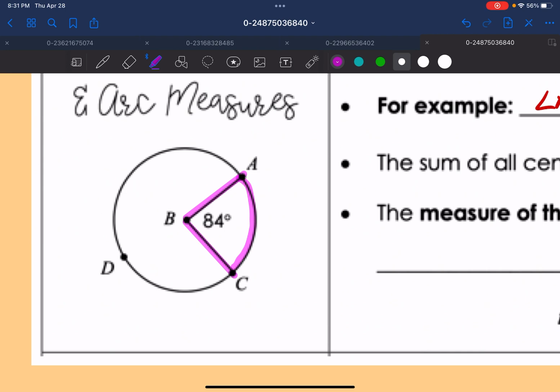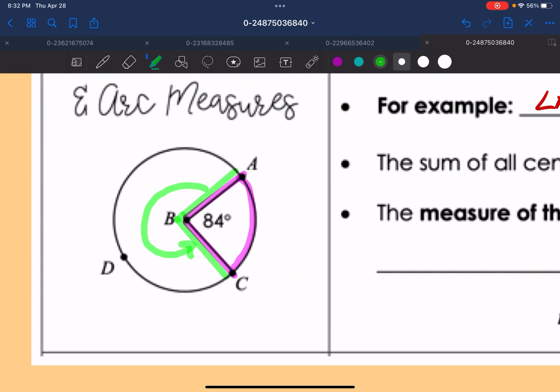Circles are a little bit different because you're used to seeing angles that are linear, so 180 or less. But with circles, we can have angles that are over 180. So if you have a marker, get a different color, and you can mark that this right here in green is also the measure of an angle. It starts here at AB, goes all the way around, and stops at BC.